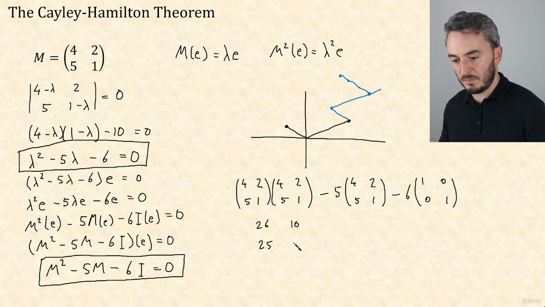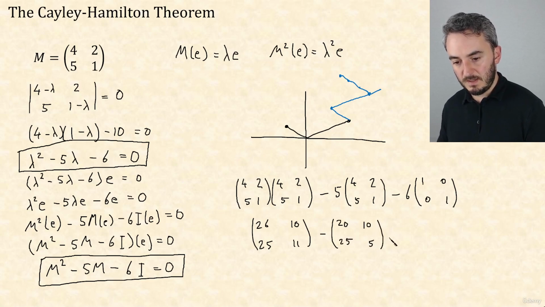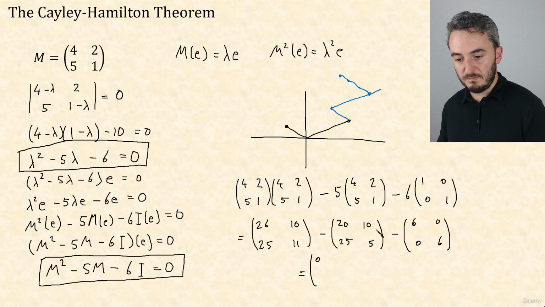And 10 plus 1 is 11. Then 5 lots of this. So that's 20, 10, 25, and 5. And then minus 6006. 26 minus 20 minus 6 is 0. 10 minus 10 minus 0 is 0. 25 minus 25 minus 0 is 0. And 11 minus 5 minus 6 is 0.